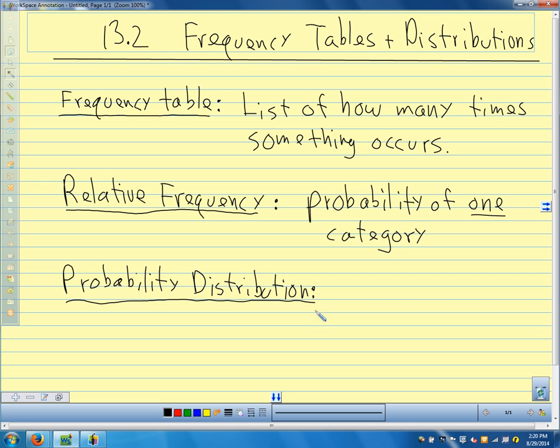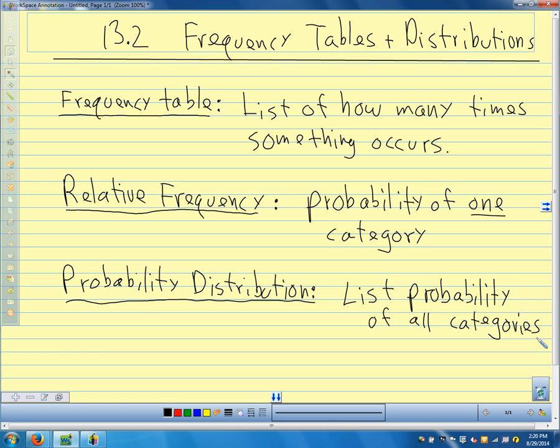Probability distribution just means a list of the probability of all categories. So in the example we've been talking about, we'd have the probability of someone being a freshman, probability of someone being a sophomore, probability of being a junior, probability of being a senior. That would be our probability distribution.